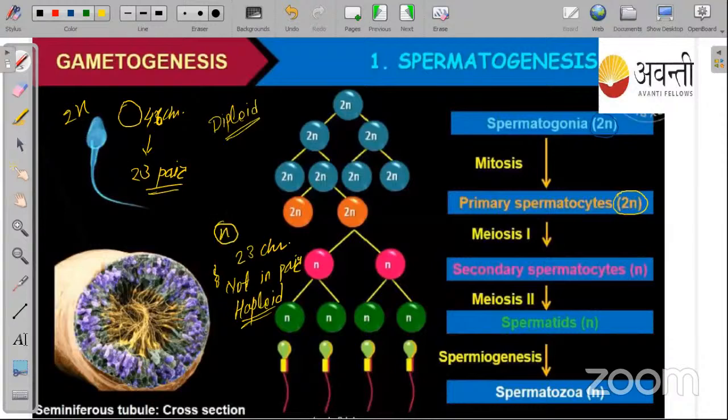The other is denoted as 2N. Why 2N? Because N means chromosome and 2 chromosomes are present, that means chromosomes are present in pair. Okay. In case of haploid cell, chromosomes are not present in pair, and it has only 23. Okay. So you already know the meiosis process.